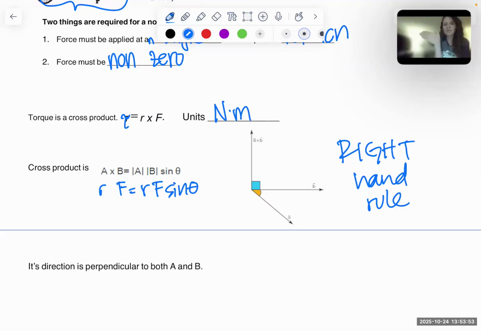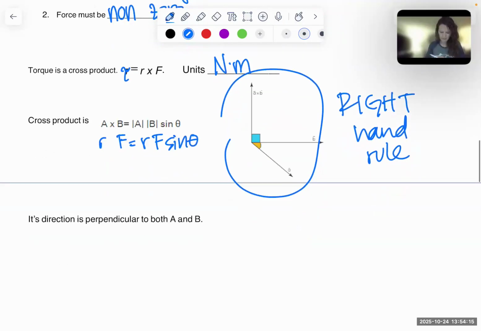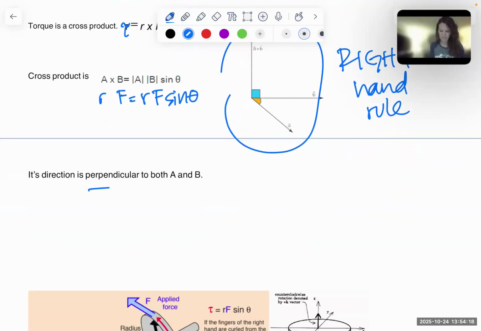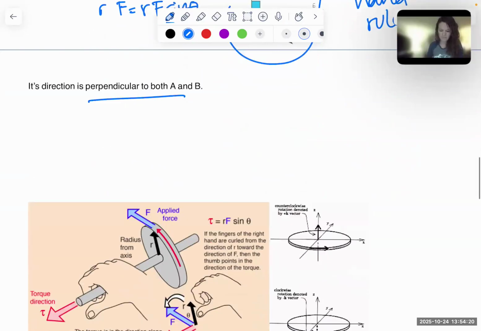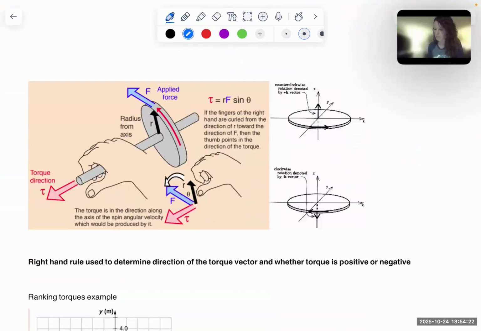So you put your fingers in the direction of R, or in this picture right here, I put it in the direction of A, and then you curl them towards B, or if we're doing torque, it's R, and then curl towards F, and then your thumb would be the direction of your torque vector. And it's perpendicular to both A and B, or both R and F. Here's a fancy little picture showing you a little bit more about how to do your right hand rule.